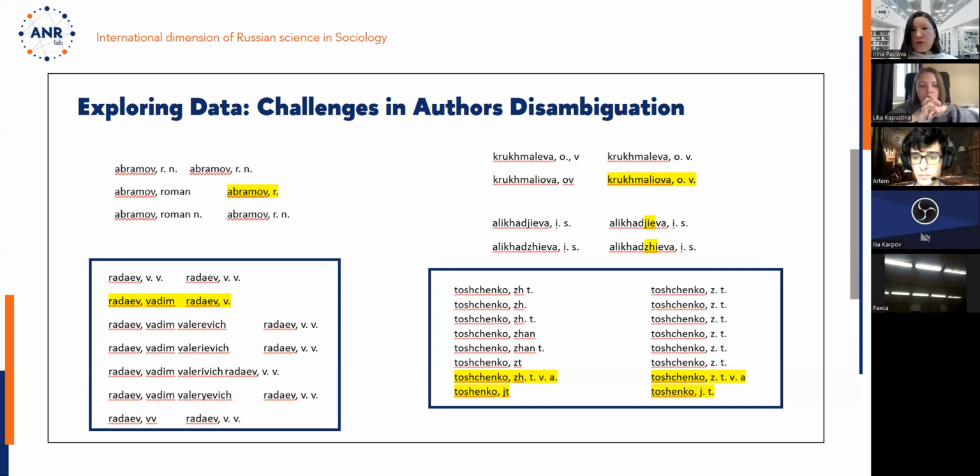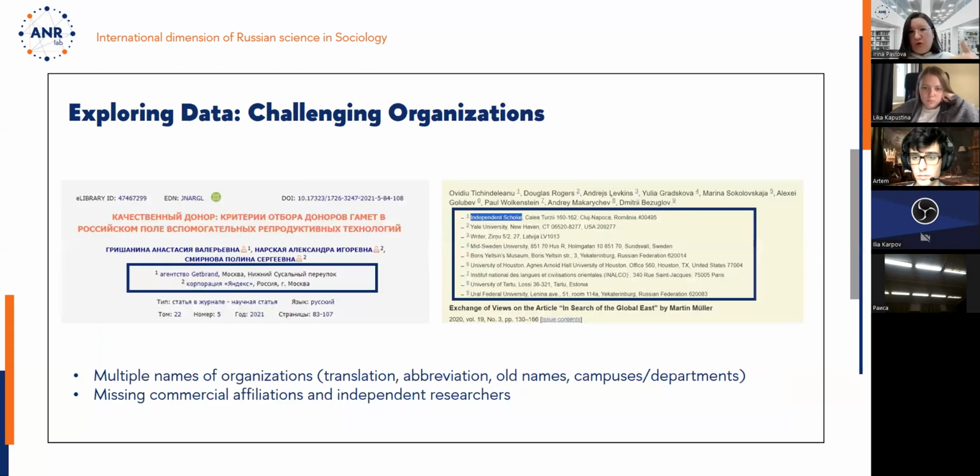Their names may be written differently due to difficult letters, and using or not using patronymic names, and it could be up to 7 or 8 ways, and in the sociological data set there were, I think, up to 17 ways for one author's name to be written. Therefore, this is quite an important research problem and research question to explore further.